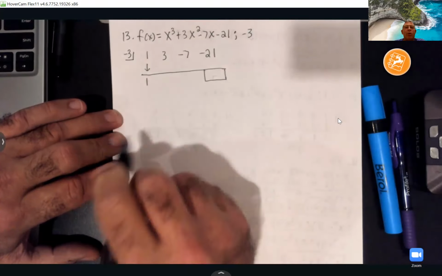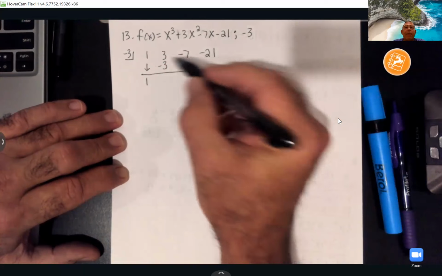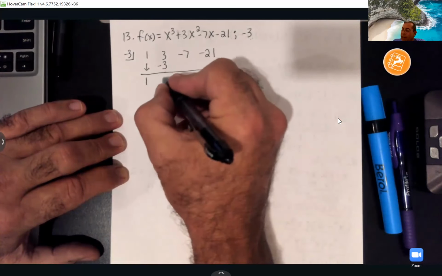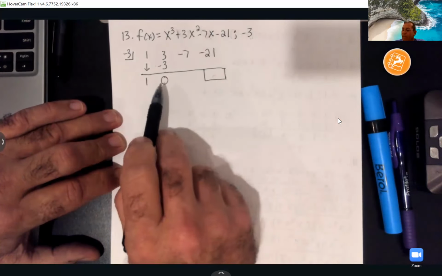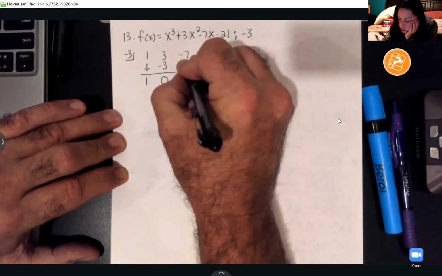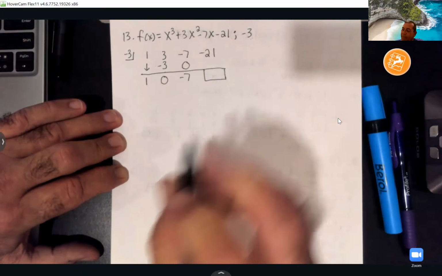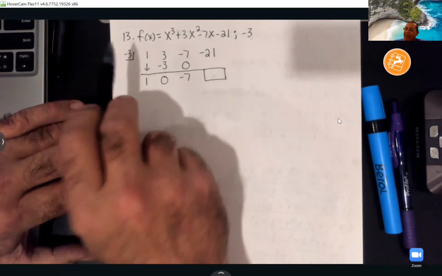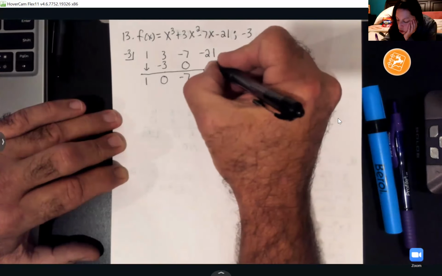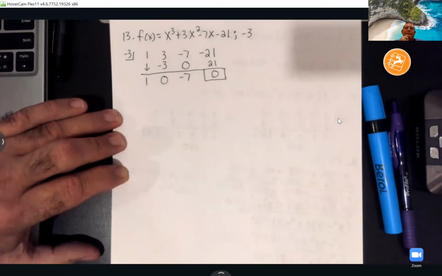So bring down the 1. 1 times -3 is -3. 3 plus -3, that cancels, 0. 0 times -3 is 0. Then -7. And look at that, -7 times -3 is 21, and we definitely get our 0 remainder.